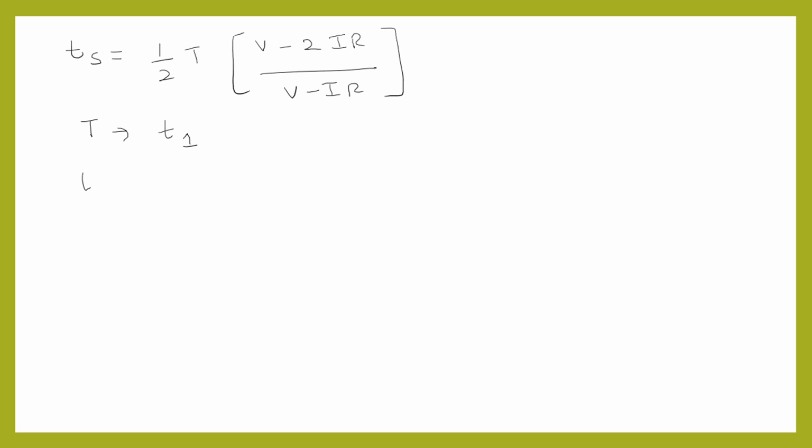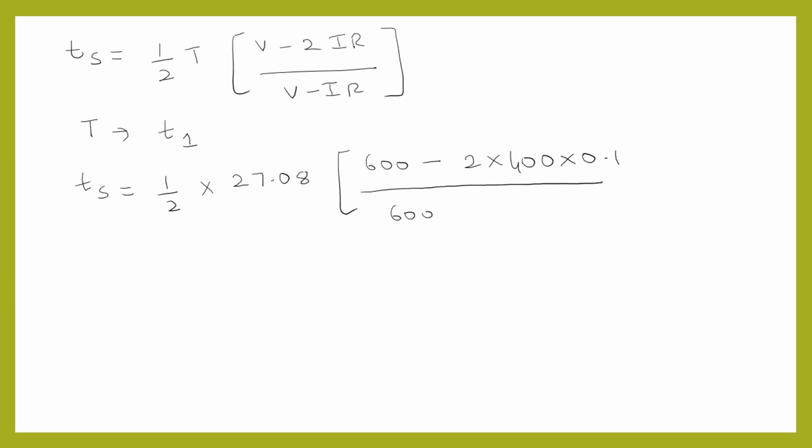So we have Ts equal to half into 27.08 into 600 minus 2 into 400 into 0.1 divided by 600 minus 400 into 0.1.